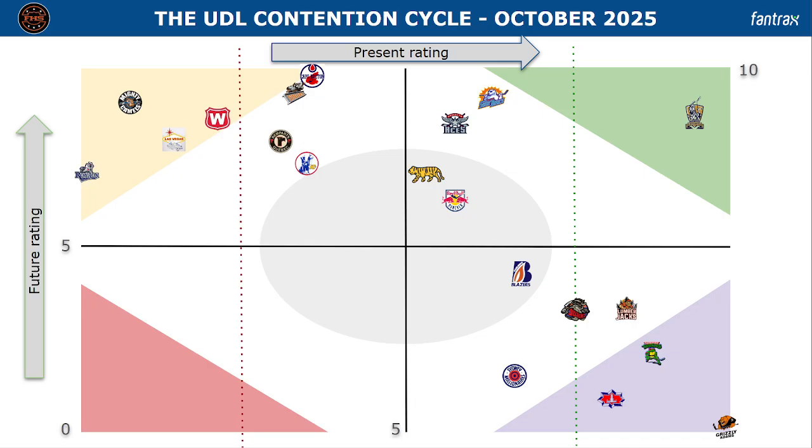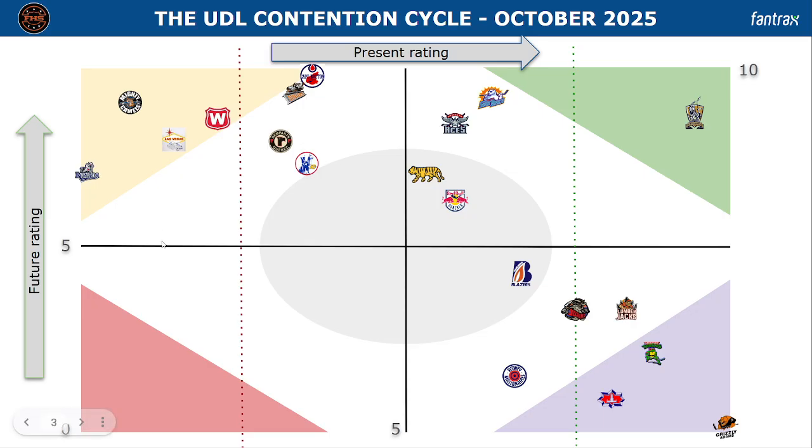So the perfect picture for James, or at least the clear picture of where he stands in the contention cycle. There couldn't have been any clearer win-now team than this, so it is the top favorite for the season that we are starting. And yeah, that wraps it up.